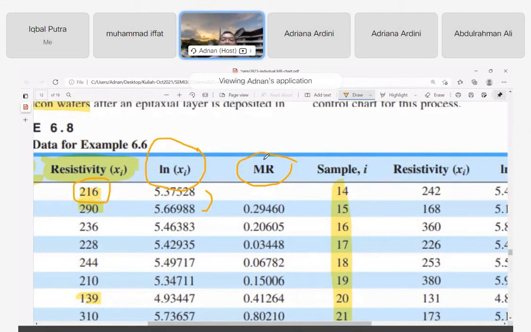So this is the moving range of the natural log, which is the difference between 5.66988 minus 5.37, and you get this value. The second one, take this and you get this one. This is what we call the moving range.